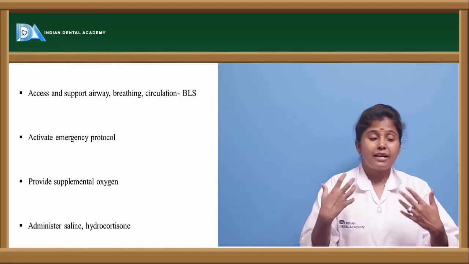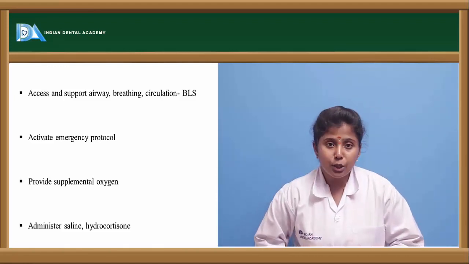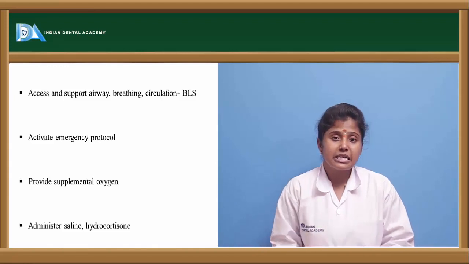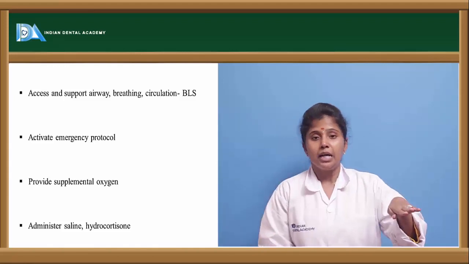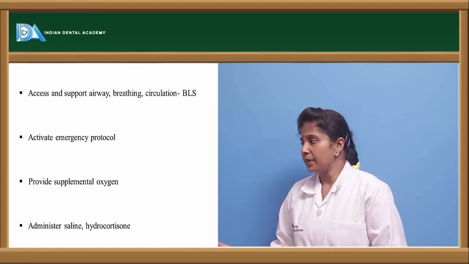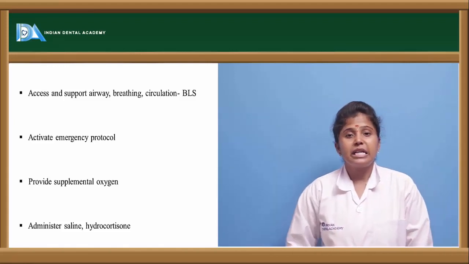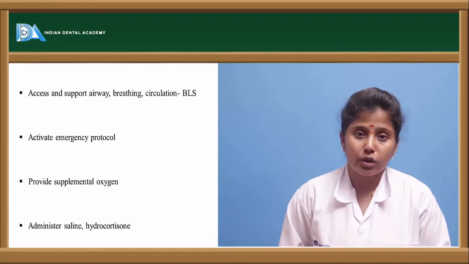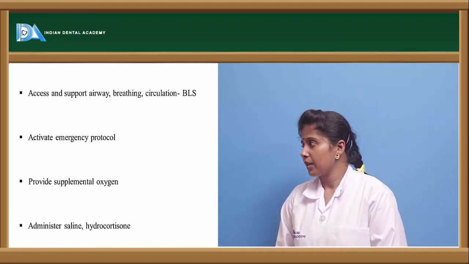And if the patient is having insufficiency to breathe, if the patient is having any suffocation even though you keep him in the inclined position, then you need to give oxygen supplements, and we need to administer saline, and hydrocortisone should be given.